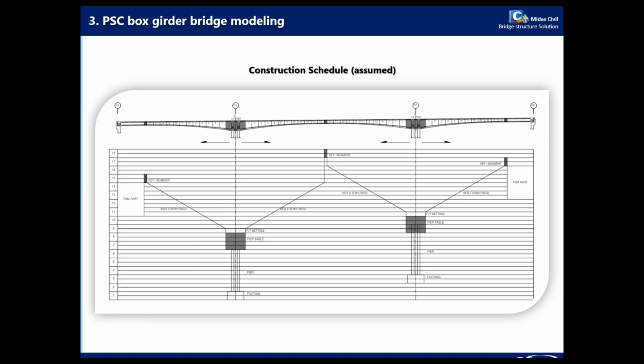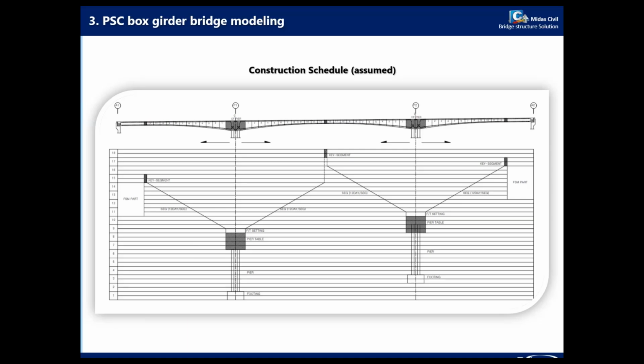So you can see that the first pier here, and this one is the second pier. So the duration of construction between these 2 piers is 60 days. So these piers were not constructed at the same time.